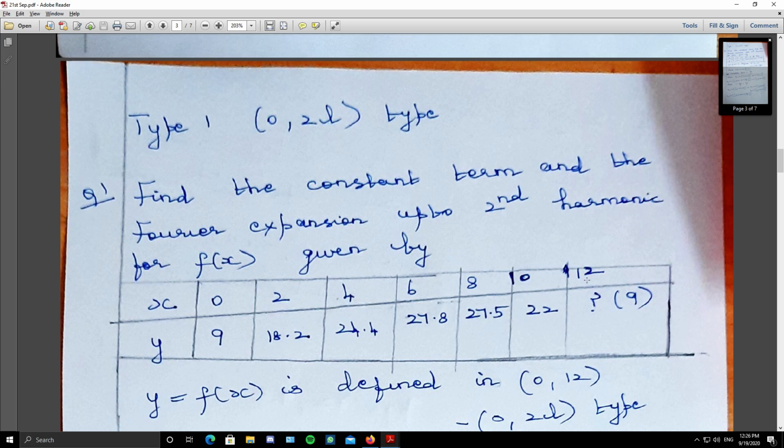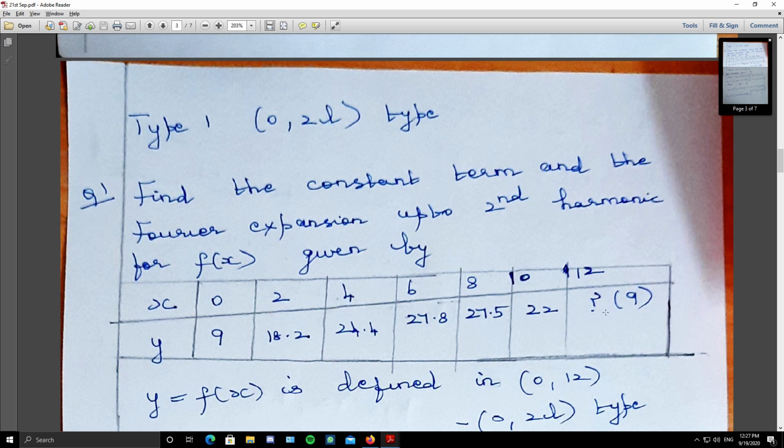You complete the table by observing the x values. You see x values are equally spaced. So you add 2 to 10, and you get the endpoint as 12. And what is the value of y at x equals 0? 9. So write the same thing here. If the table is not complete, you have to complete the table.